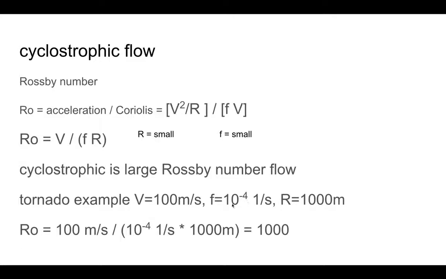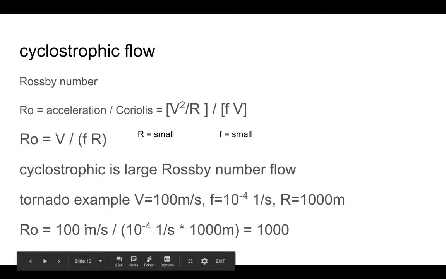If you look at the mid-latitude Coriolis parameter, 10 to the minus fourth, and a radius of curvature for tornadic circulation of a kilometer or 1,000 meters is also not too far off. And so looking at the Rossby number for the tornado situation, we get 1,000, which is a large Rossby number.